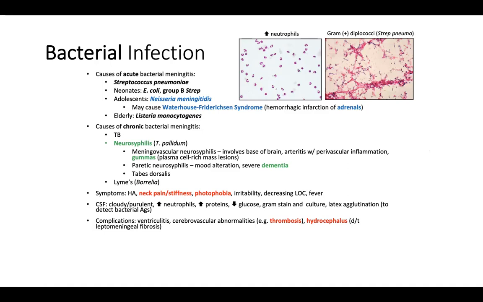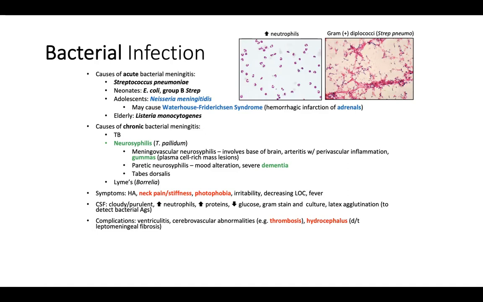So they test moms twice before they have a baby for group B strep. Even if they think they're going to do a C-section, they still check them for group B strep because they don't want the baby to have meningitis. E. coli, think about where E. coli comes from. Poop. It's pretty close there when a baby's being born. So that's why those two are the most common.